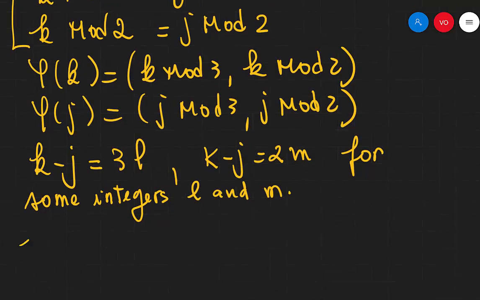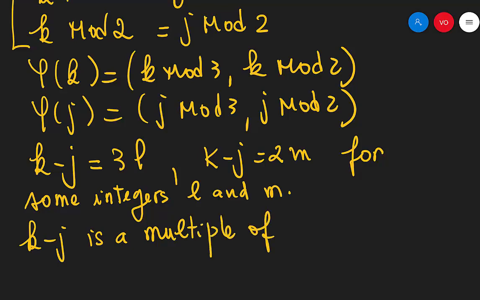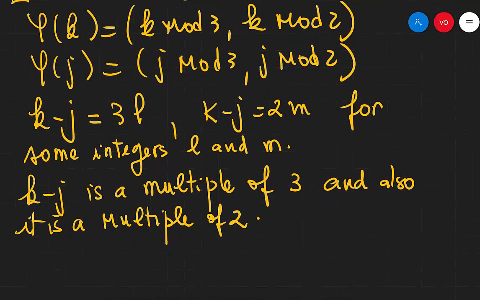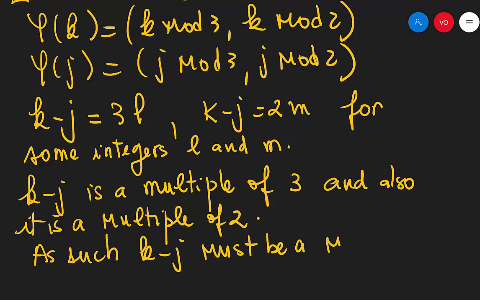So that means that k minus j is a multiple of 3, and also it is a multiple of 2. So if you have a number which is both a multiple of 3 and a multiple of 2, as such, k minus j must be a multiple of 6.